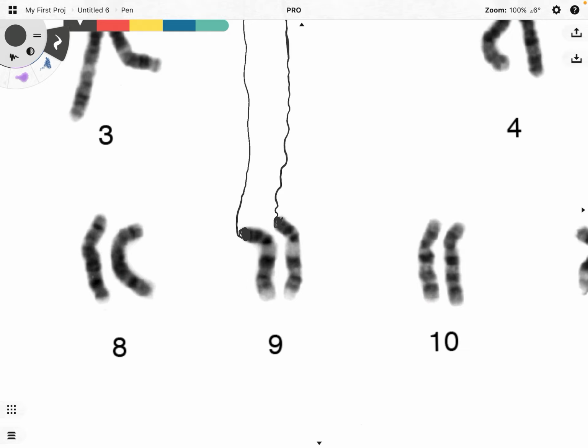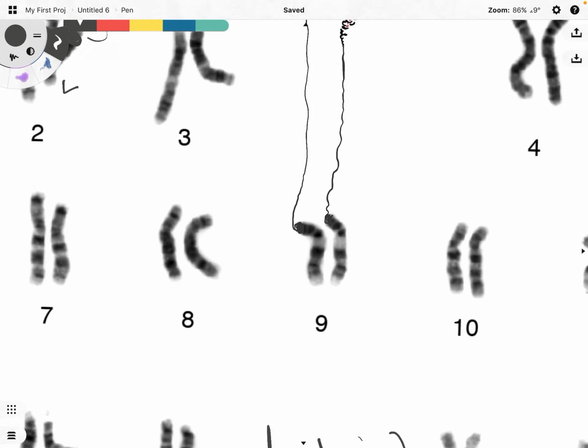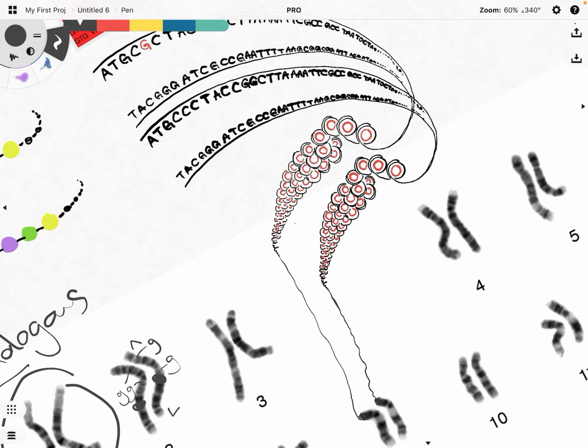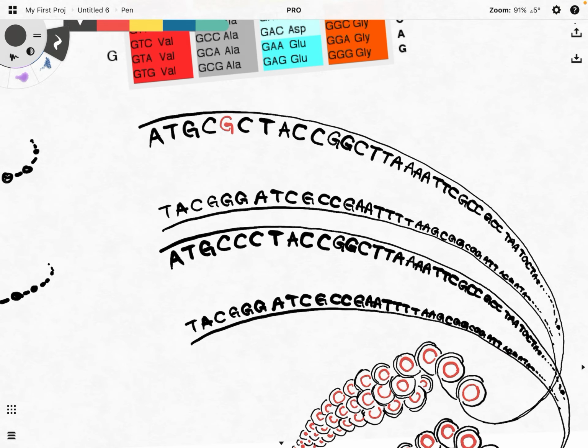If we were to compare the same gene on both homologous chromosomes, you will find that they may not necessarily be exactly the same in DNA sequence. So what do I mean by that? Let's look at chromosome 9, the chromosome that contains the gene for blood type. We unwind the DNA so that we can expose the gene.